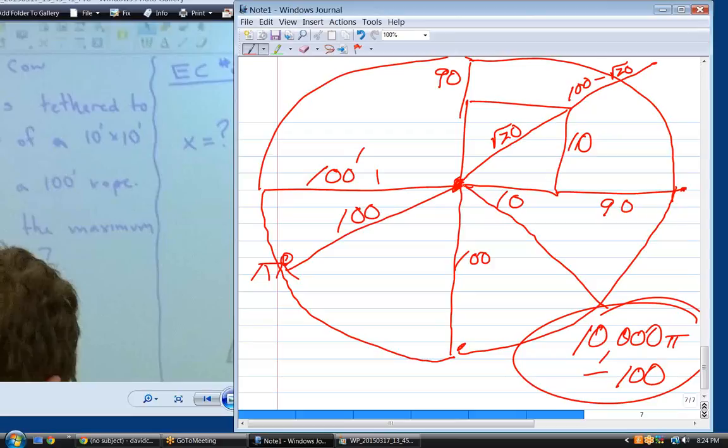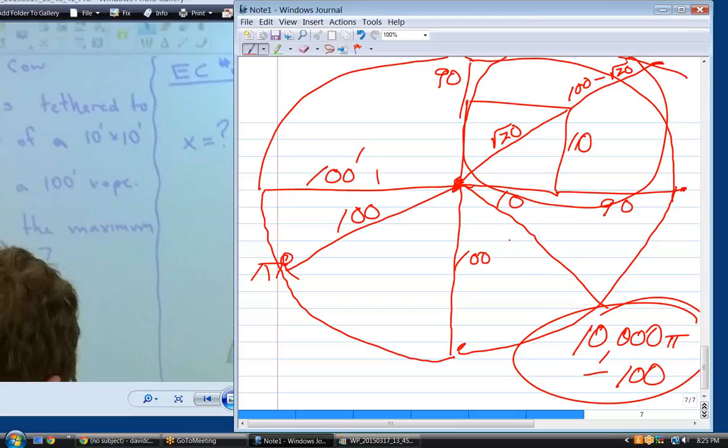In other words, when you're in this area up here, you can't actually go to this point right here because the rope would have to wrap around the building. It can't go through the middle of the barn. So this is the tough area here. We have to look at that differently.